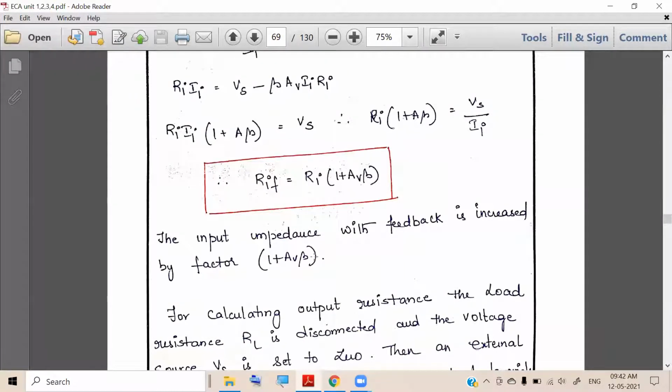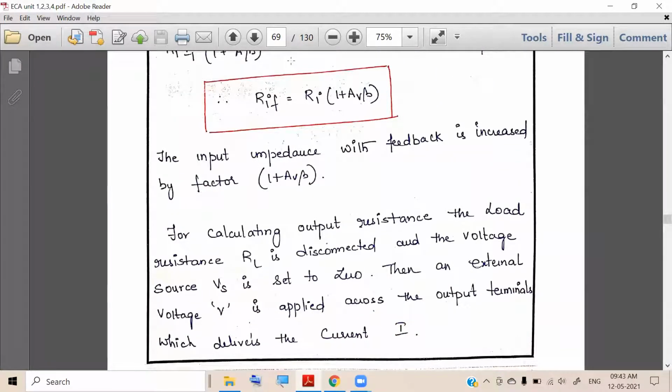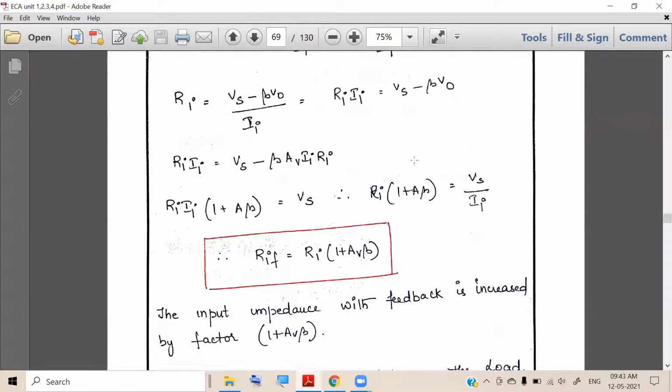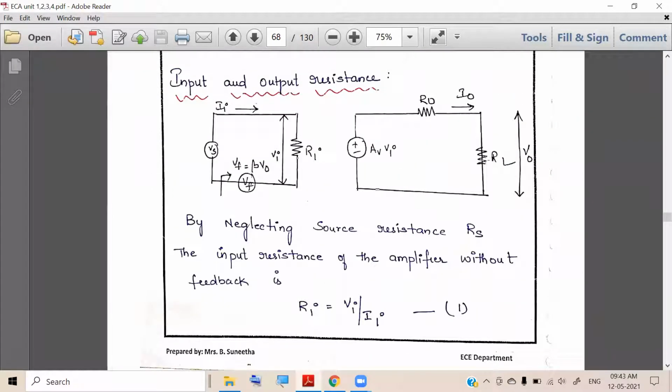Next, output resistance. What is the method for finding output resistance? What are the rules for finding output resistance? Anybody can answer? Yes, same old rules that we discussed in the first unit. Open circuit R_L, make V_s 0, connect an external voltage source.